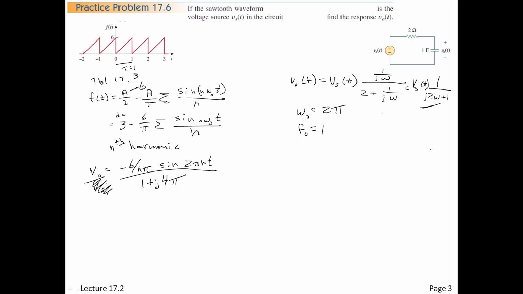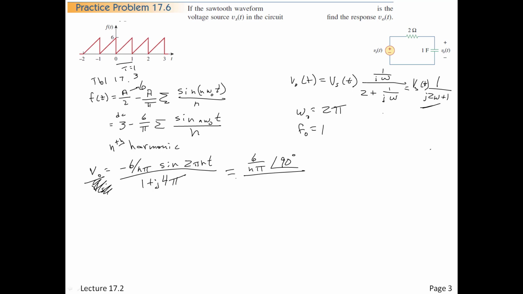Okay, so this we can then crank around with all we want. It's 6 over n pi at an angle of 90 degrees, so I'm getting rid of the minus sign, taking advantage of the fact that it's a sine.